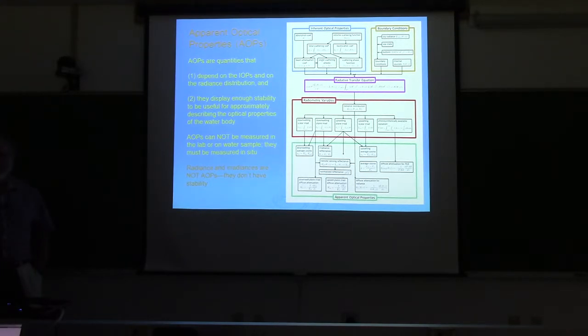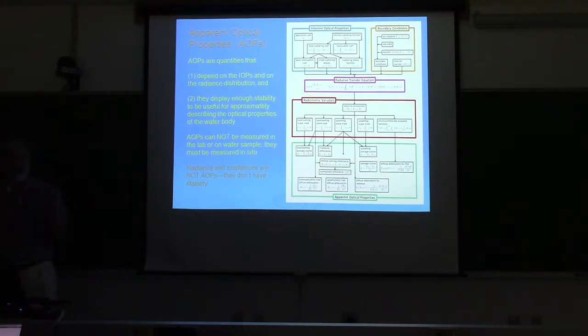That's the half of the definition that everybody forgets. So, first of all, because AOPs depend on the ambient radiance distribution, you cannot measure them in the lab or on a water sample. You have to go out in nature and measure them with whatever sky and in-water radiance distribution is there at the moment. And whatever it is has to have stability.